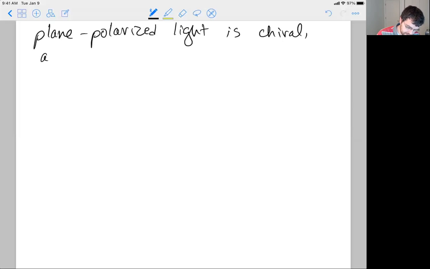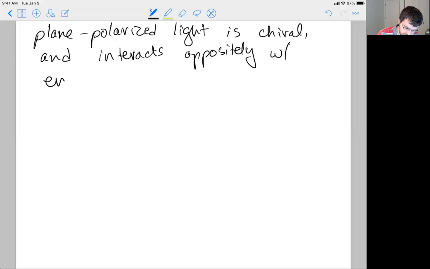and interacts oppositely with enantiomers. So it turns out that when plane polarized light comes into contact with a chiral molecule, the light is going to be rotated.